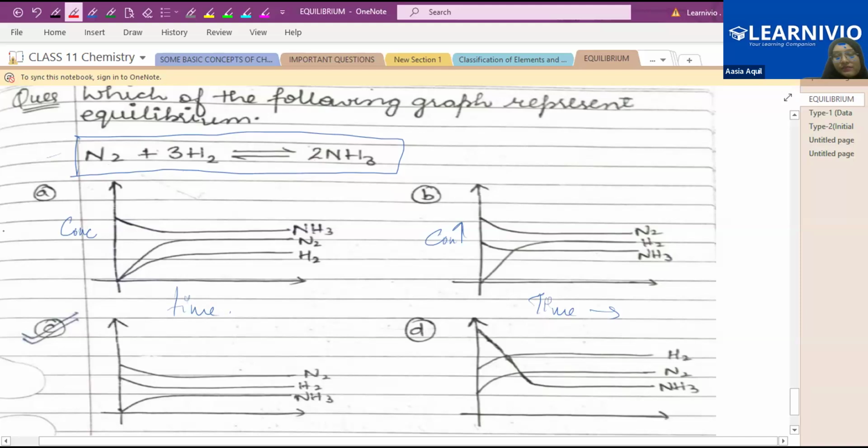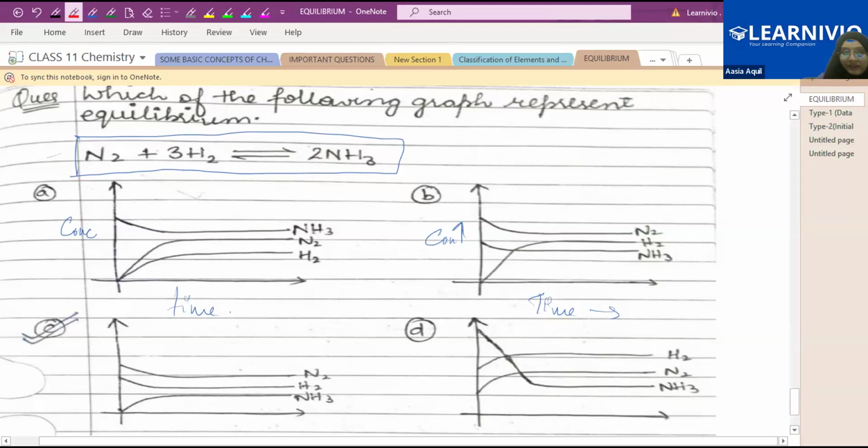Okay, next one, Aisha. Tell me, is A the correct representation of the equilibrium concentration graph? Not sure. Zainab? Ma'am, even I'm not sure.